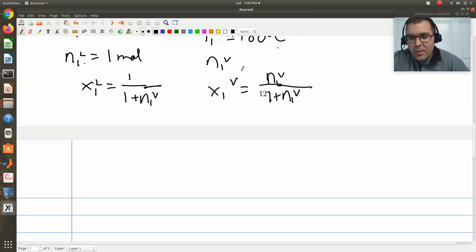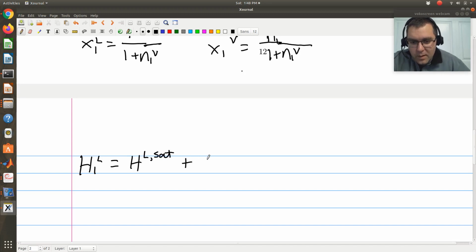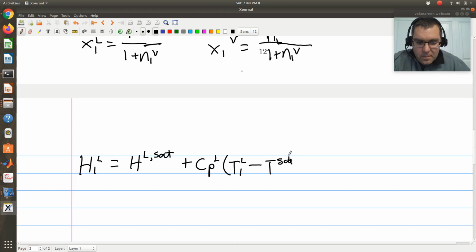Now remember when we calculated the enthalpy of my liquid in that starting state, we calculated it as the enthalpy of my liquid at saturation, plus CP liquid times T1 of my liquid minus Tsat.